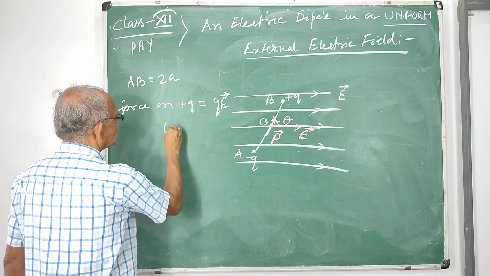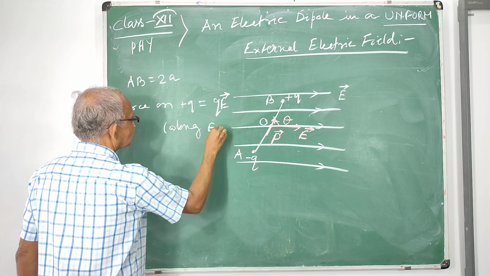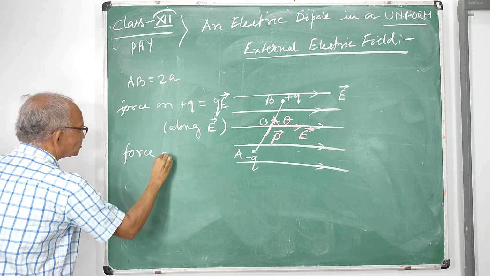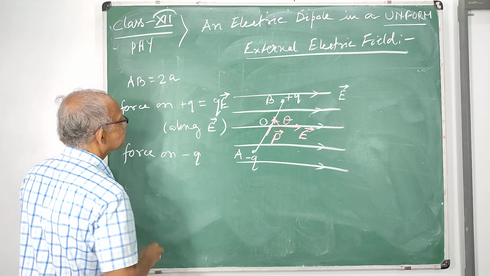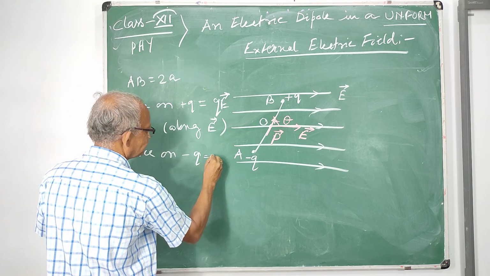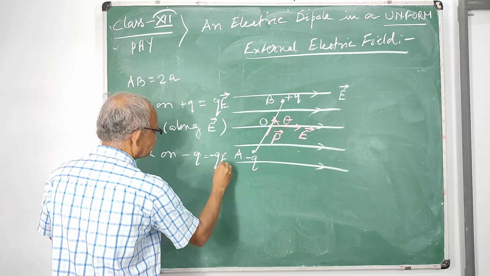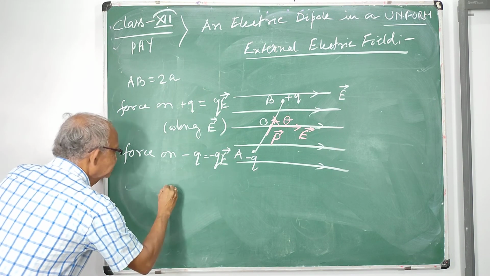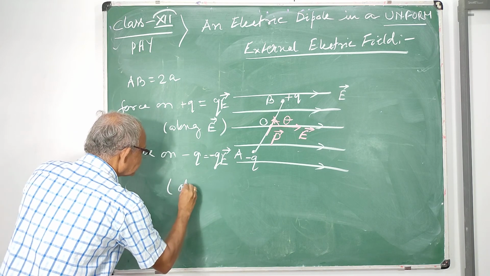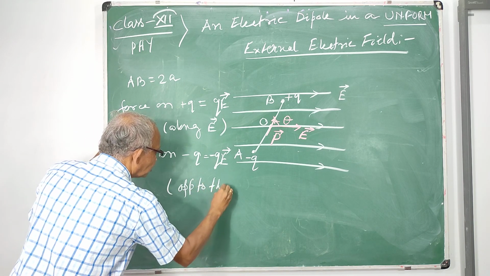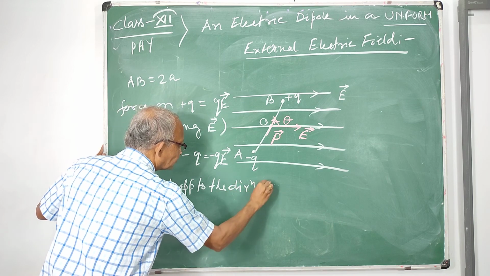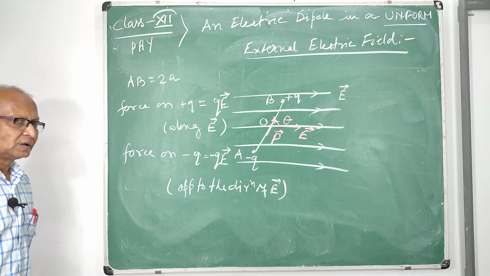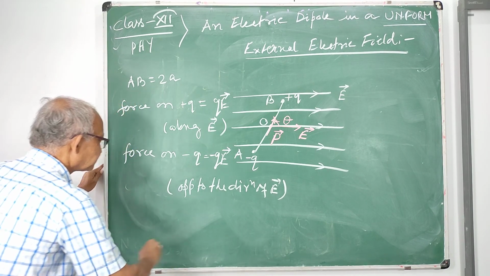Along E. Force on minus Q equals minus Q into E. This is opposite to the direction of E. So it is very easy to understand that.